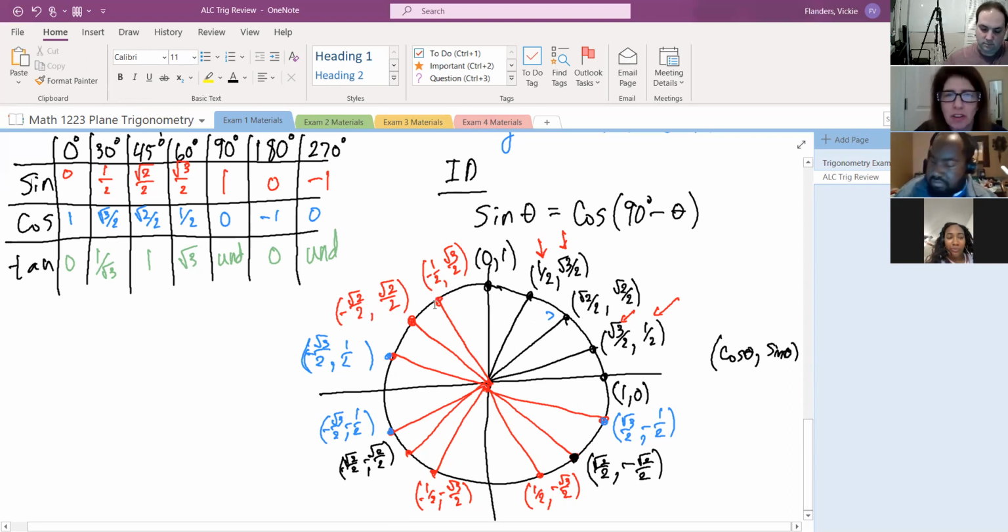As we rotate into the second quadrant, it's going to be 120, which has a 60-degree reference angle. 135 degrees has a 45-degree reference angle. And 150 has a 30-degree reference angle. You guys see what we're saying? And you just keep on going along the circle in that fashion.